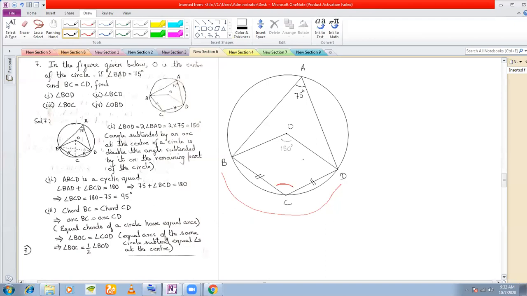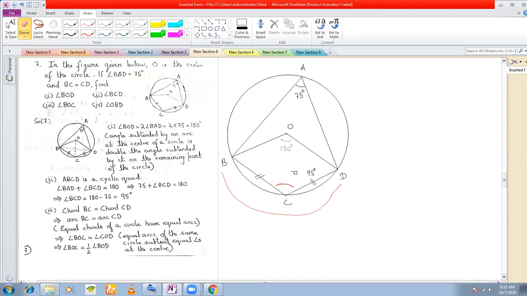Tell me the name of the cyclic quadrilateral. ABCD. Exactly. Okay, so this is 180 minus 75. And this should be what, 95. Yes, sir, 95. Okay, so this angle we have found as 95.